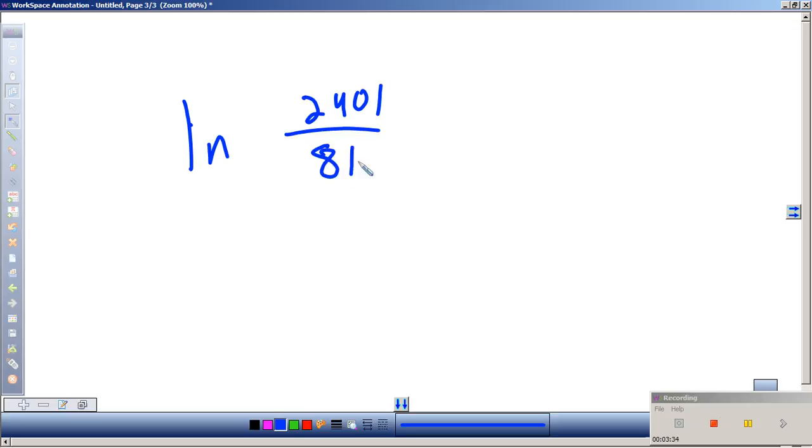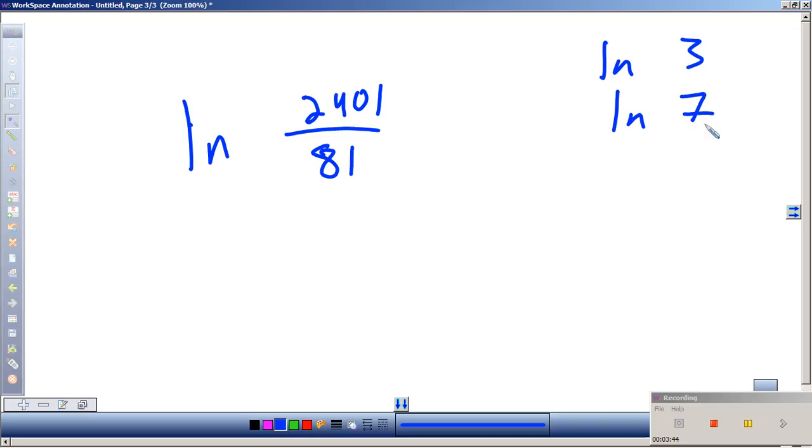And my goal is to express this using just natural log of 3 and natural log of 7. So the goal is we want to change it from this form so that we are only using natural log of 3 and natural log of 7.